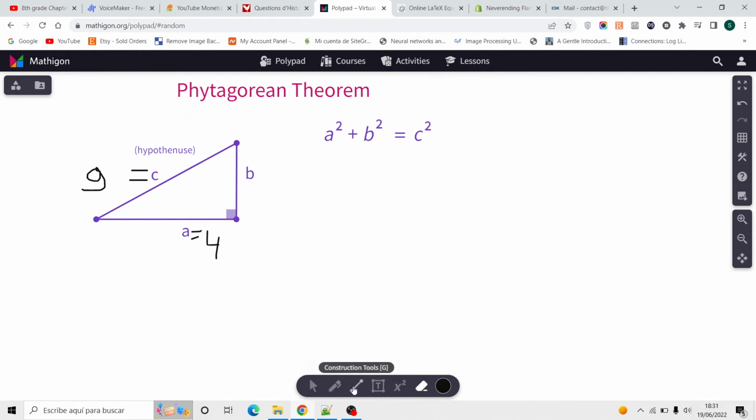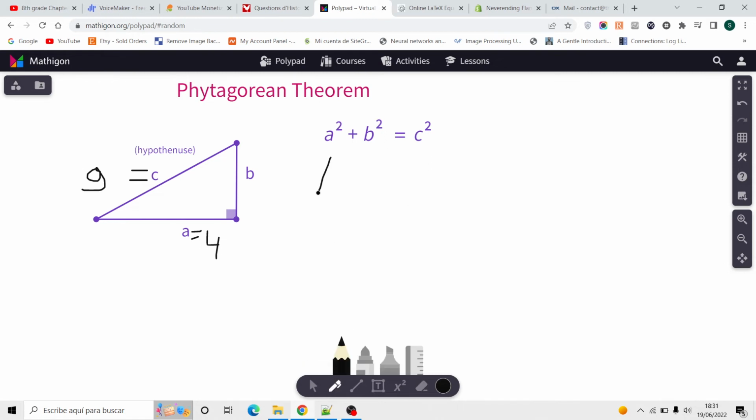So here again, because ABC is a right triangle, we can apply the Pythagorean theorem that states that a squared plus b squared equals c squared.